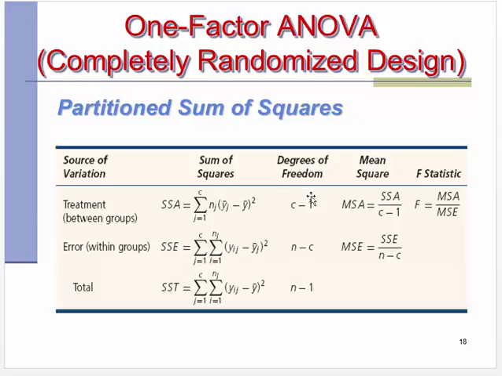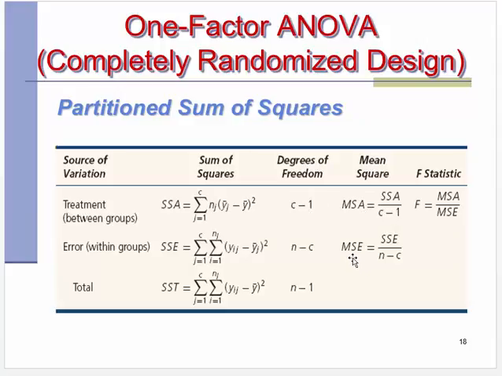You can see that C minus 1, the degrees of freedom between groups, plus N minus C, the degrees of freedom within groups, equals N minus 1, because the C's cancel each other. Then how do you calculate the mean square? The mean square between groups is SSA divided by C minus 1.